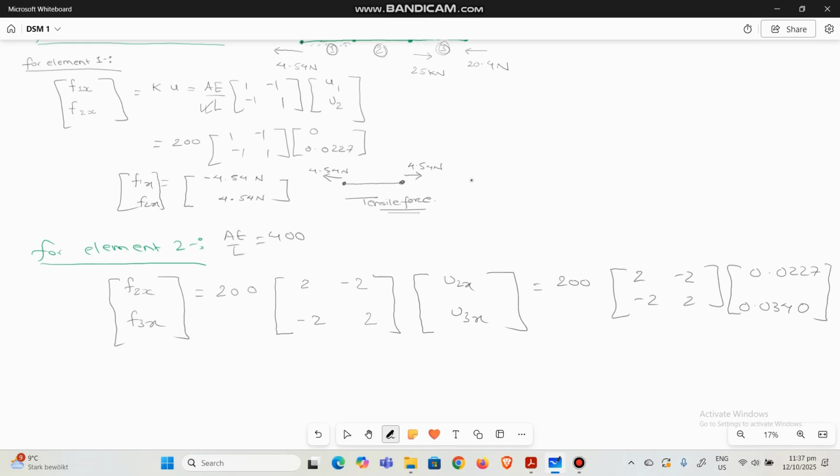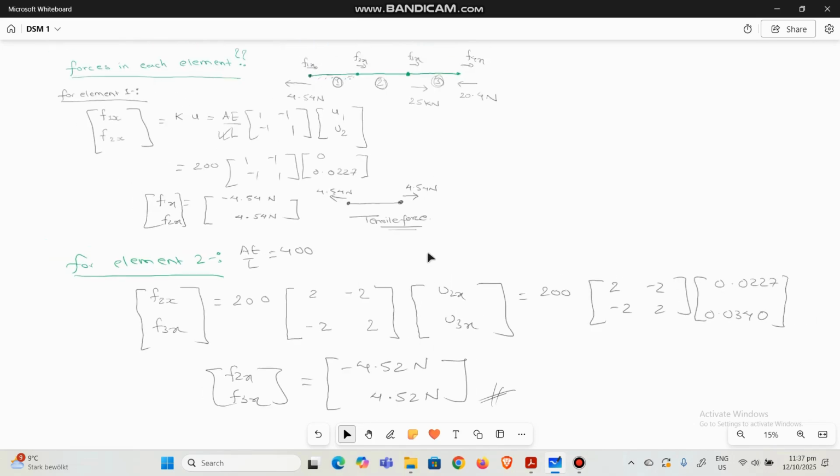After solving, you get f2x and f3x to be minus 4.52 Newton and plus 4.52 Newton. This is f2x and f3x.